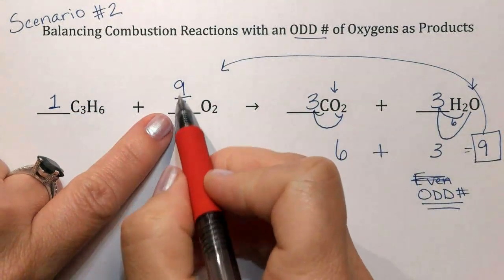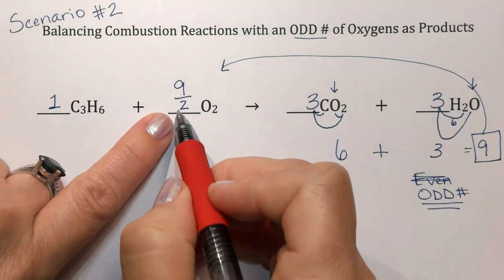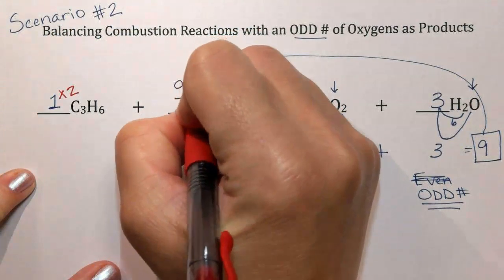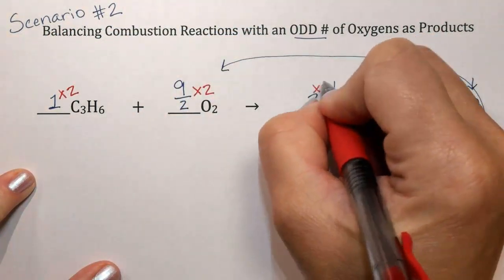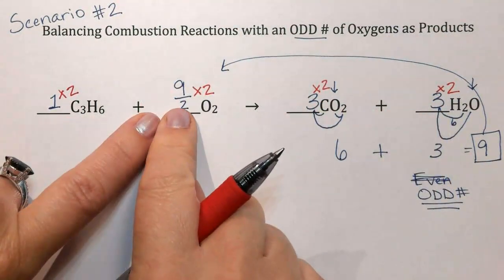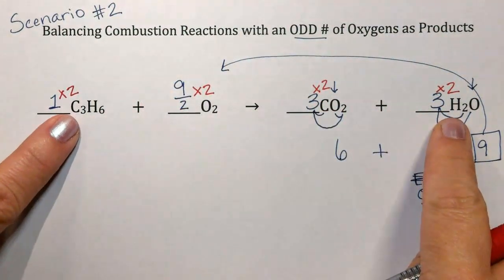However, we cannot keep this fraction. So to get rid of the fraction, we're going to multiply each of our coefficients times 2, and that's going to get rid of this fraction and keep the equation balanced.